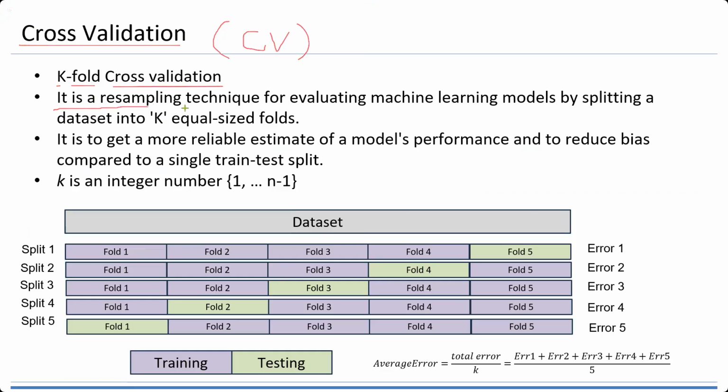It is a resampling technique for evaluating the machine learning models by splitting a dataset into k equal size folds. It is to get a more reliable estimate of a model's performance and to reduce bias compared to the single train test split.